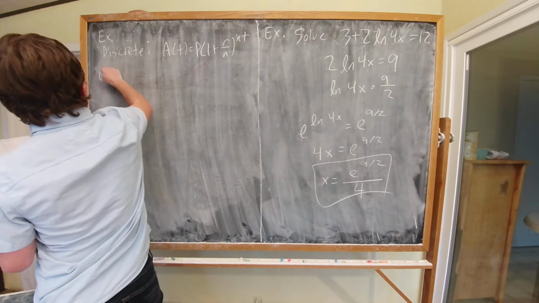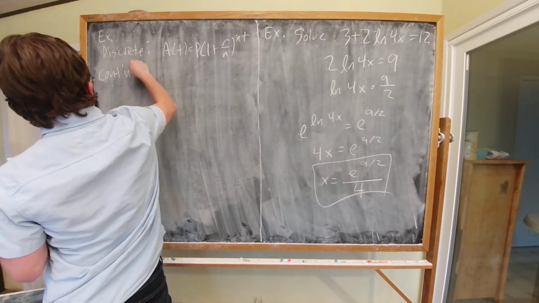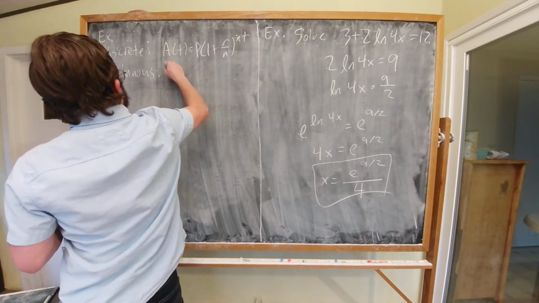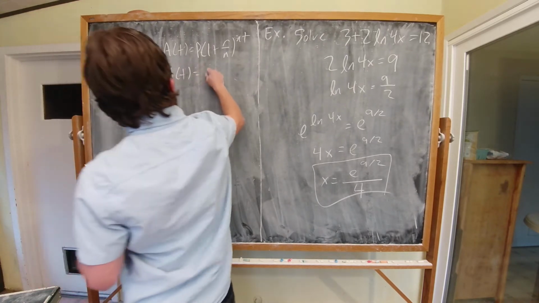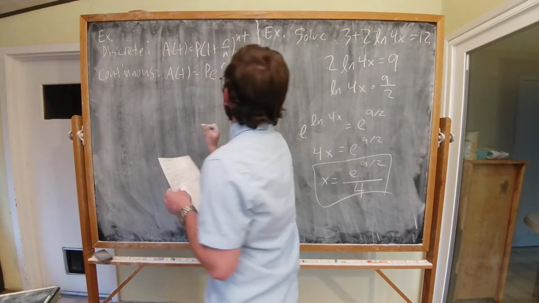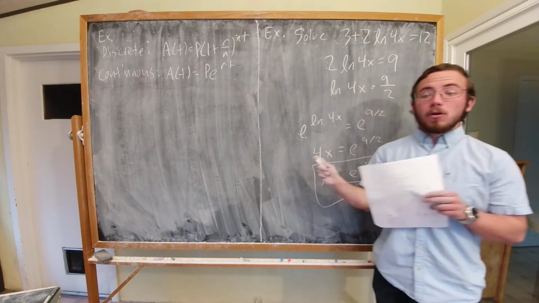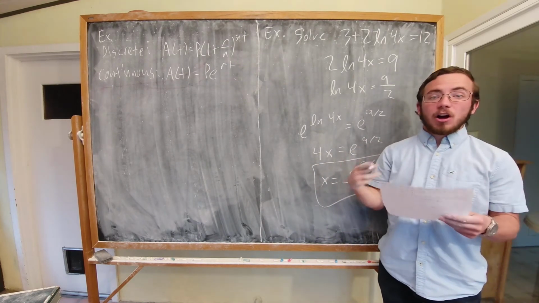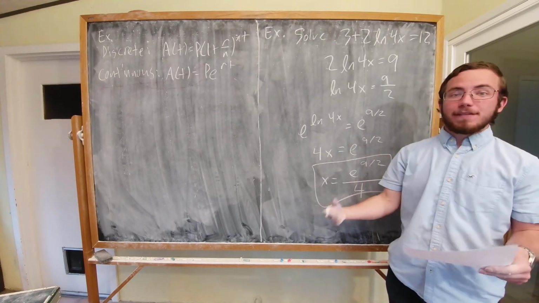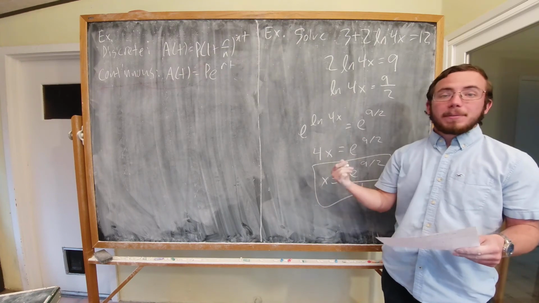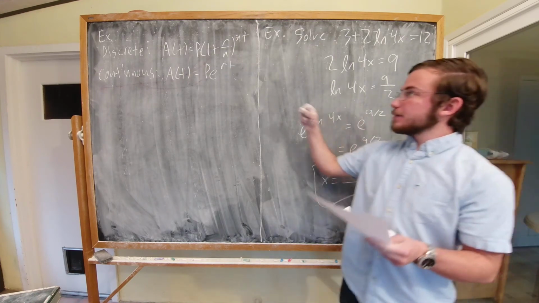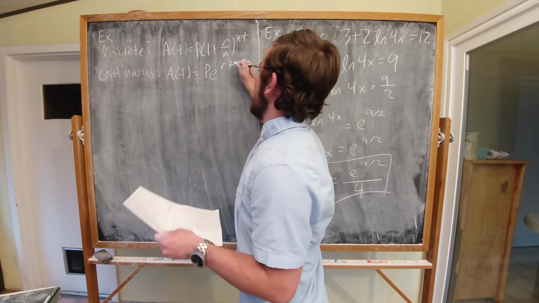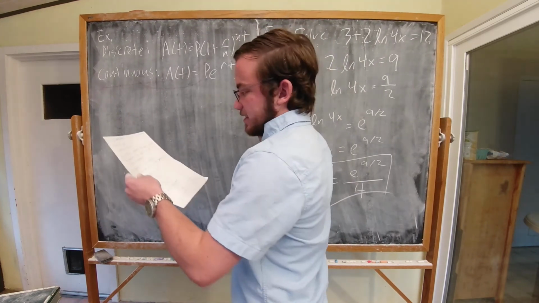And we have the continuous one, A of t is equal to p times e to the rt. So a nice simple exponential function. Now, this tells us, hey, by using logarithms, we can solve for specific values of p if we're given a. So that could be of interest to us, right? So let's ask the question.